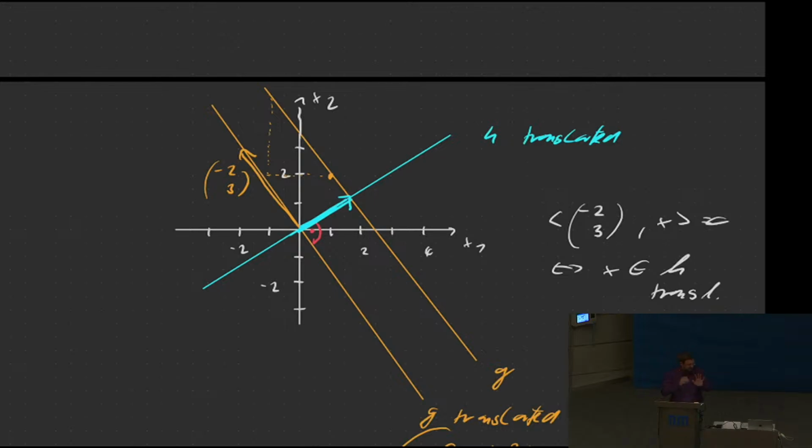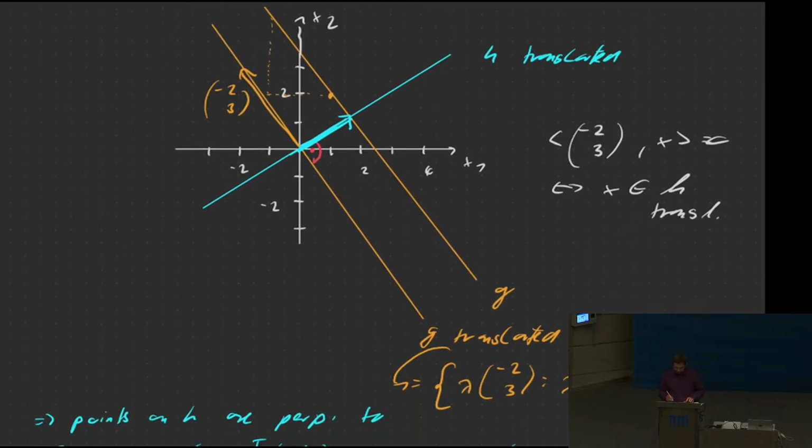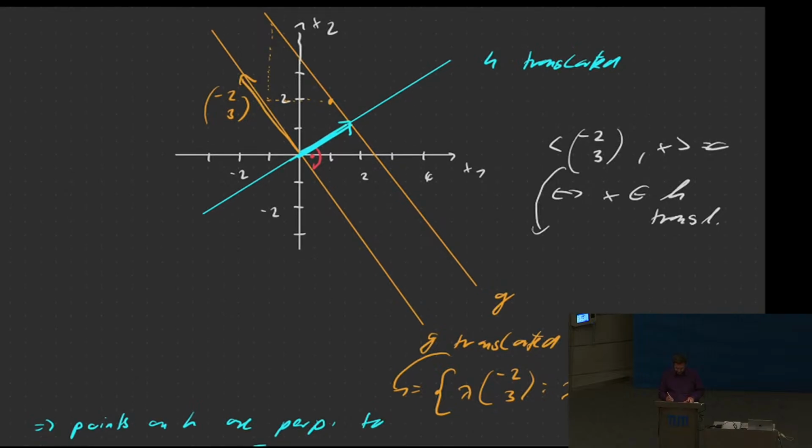And I'm talking about the translated version of H, right? The one that passes through the origin. Okay? So that's just the definition of perpendicular. So what is alpha 1, alpha 2? Well, if you just write the scalar product here, what that actually is, minus 2 times x1 plus 3 times x2, right?